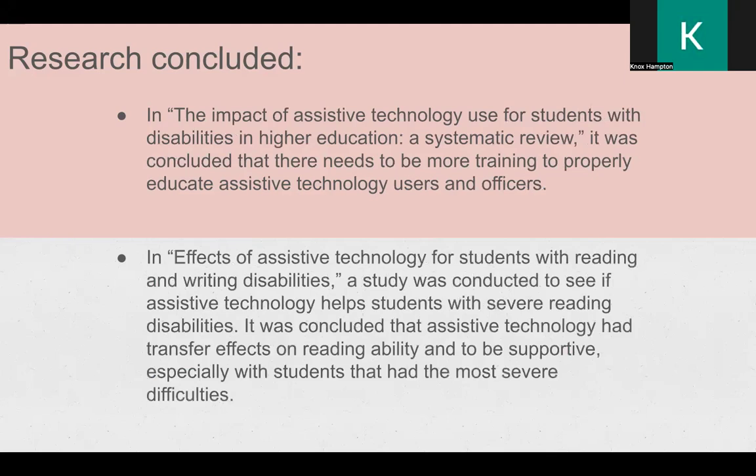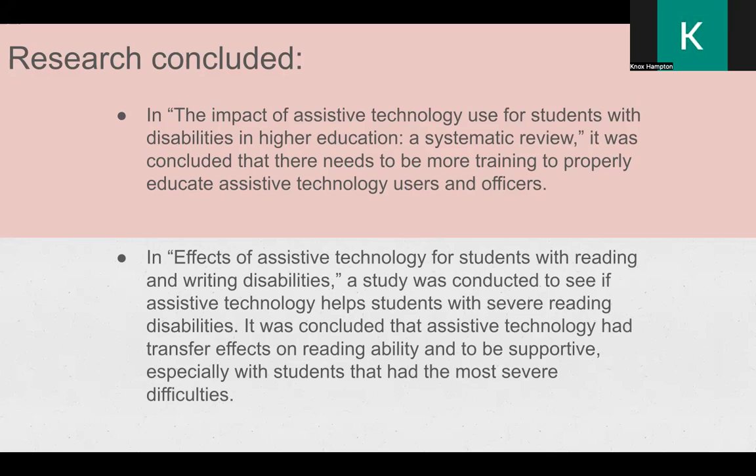So for the fifth one, it was concluded that there needs to be more training to properly educate assistive technology users and officers. Officers is basically like school faculty, teachers, and even parents. And this goes into the lack of knowledge people have on assistive technology. You need to, as a teacher, educate not only the student how to use assistive technology, but to also show their parents how it works if they have any questions or concerns about it.